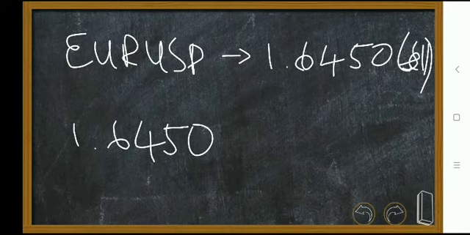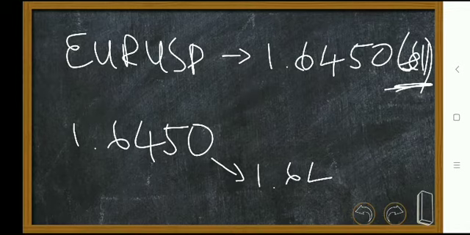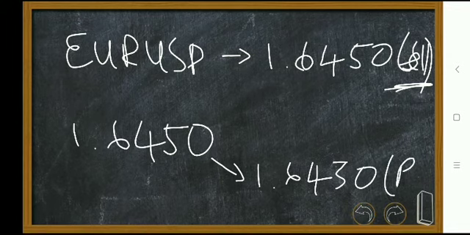If price goes down, remember we're in a sell now, to 1.6430, you have made profit in this case, because it's a sell. It's 20 pips.